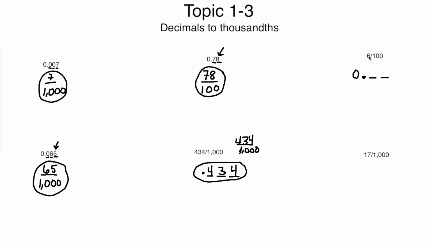Notice the single digit is over 100. Is there anything in the tenths place? Nope. Is there anything in the hundredths place? Yes, a 6. How do you say this digit normally? 6. And what place value is it in? The hundredths. So it's 0.06. Circle your answer. Did you get that?